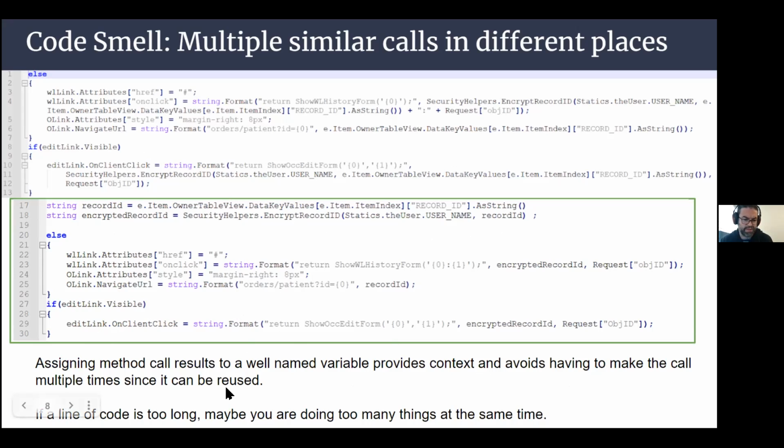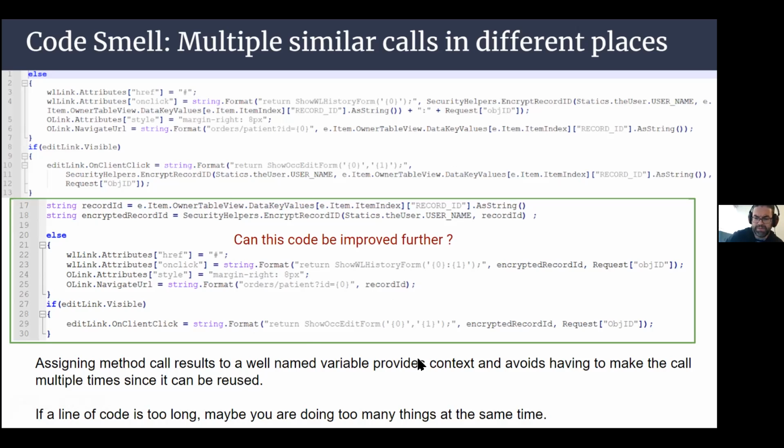It can be reused. This is a very straightforward refactor. Probably so obvious that many people will not do it because they don't see the benefit from it. I see it. The code below is very understandable. Again, if your line is too long, maybe you're doing 2 things at the same time.